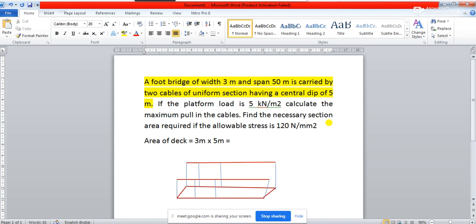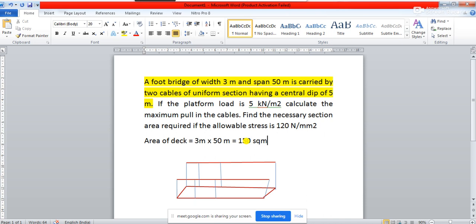Because 3 meter is the width and length of the deck will be 50 meter, because that is the span of the bridge. So it is equal to 150 square meter. Any doubt up to this?